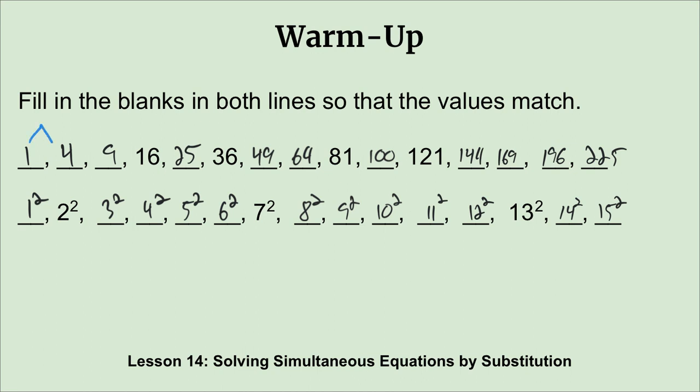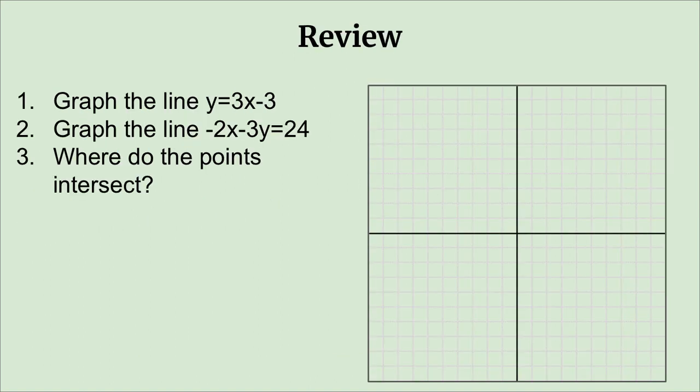The difference between 1 and 4 is 3, 4 and 9 is 5, 9 and 16 is 7, 16 and 25 is 9, and all we're doing here is increasing by 2 each time. That can also help you find what comes next, especially when you get up to these bigger numbers.